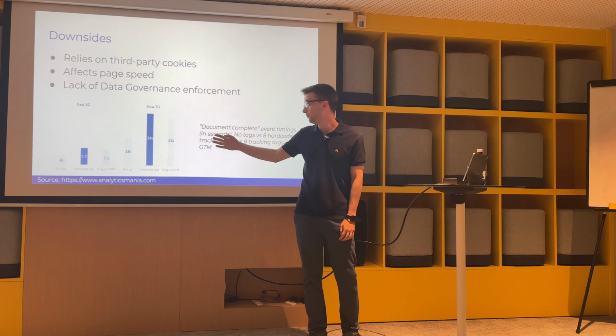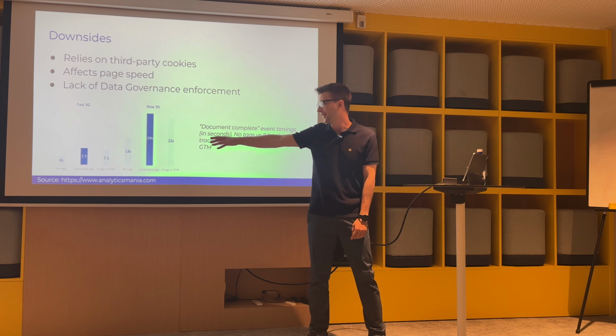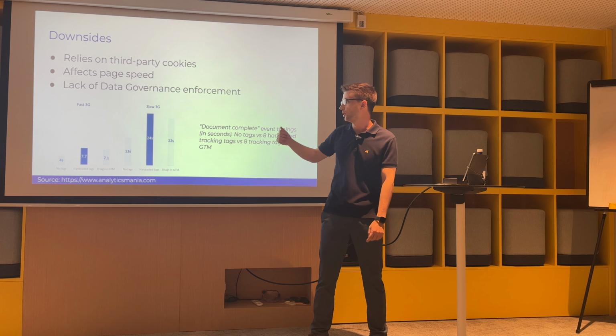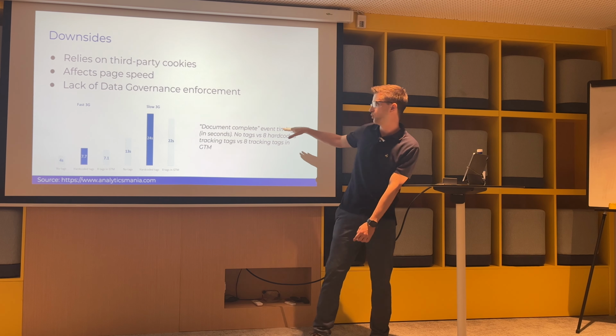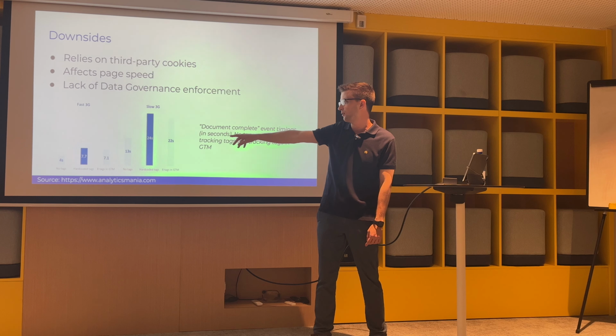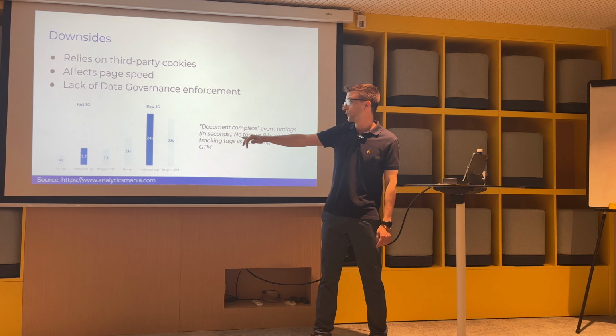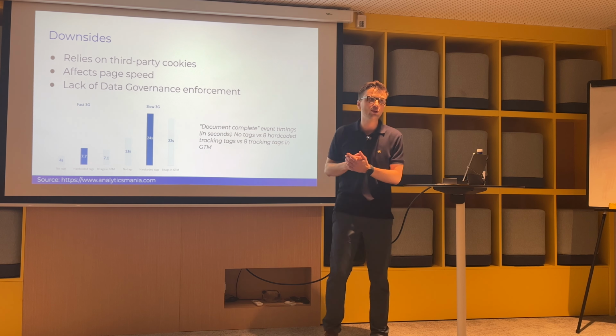I've added a graph here, and let's look at the fast 3G example. Without any tags, a page that would load in 4 seconds for document complete would take 7.7 seconds if you hard code the tags, so insert them into the HTML, or 7.1 if you use Google Tag Manager.